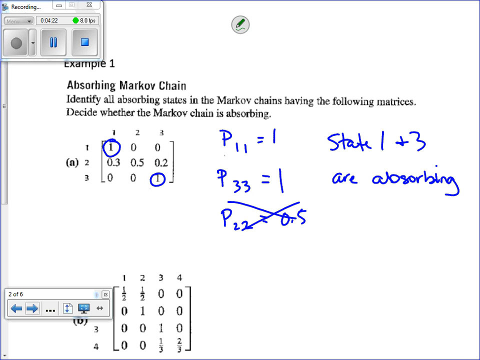We only have one non-absorbing state, that's state 2. 2 can go into state 1. We can go from 2 to 1 with a probability of 0.3, so that one's going to work. And we can go from 2 into 3 as well with a probability of 0.2. So we do have a non-absorbing state going into those absorbing states. So we say that we do have a Markov chain that is absorbing.